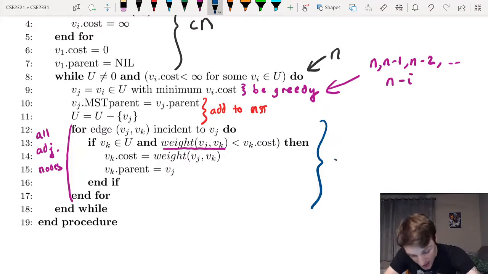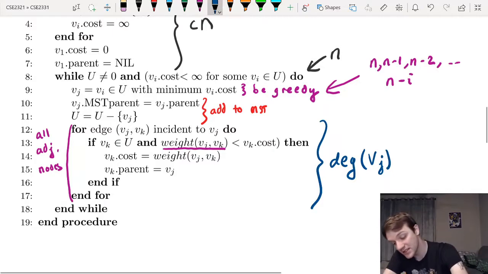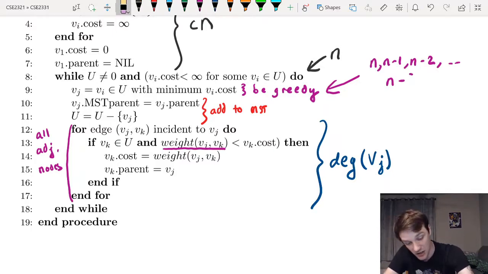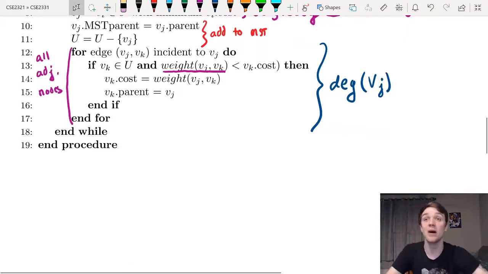So this runs in time degree of the vertex we're processing all of the edges for, which is v sub j. Maybe if I want to be more precise here, what I would do is actually use a j up here. But we're not really going to write these as summation, so it's okay. So let's process this. So line 9 and then lines 12 through 17.